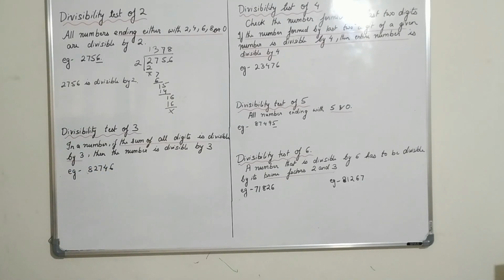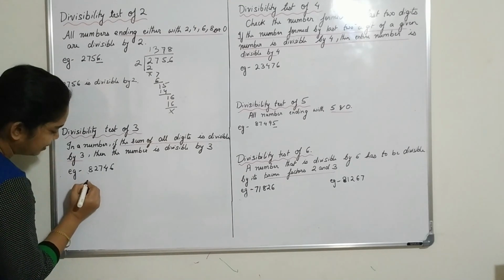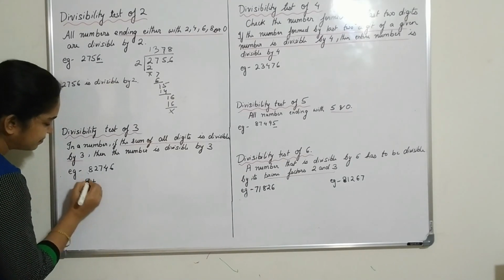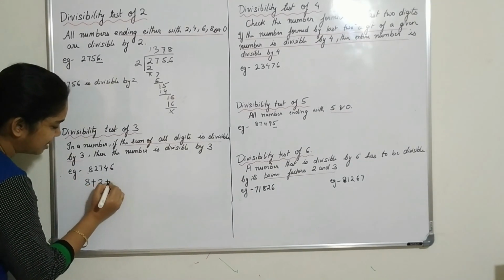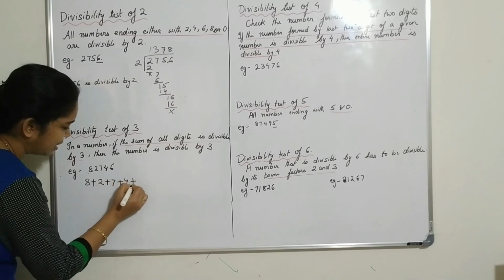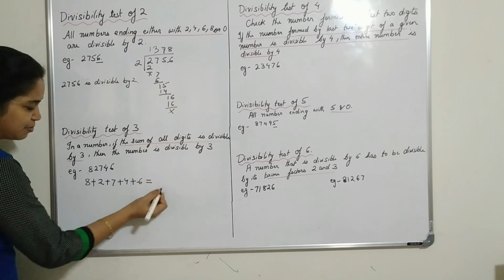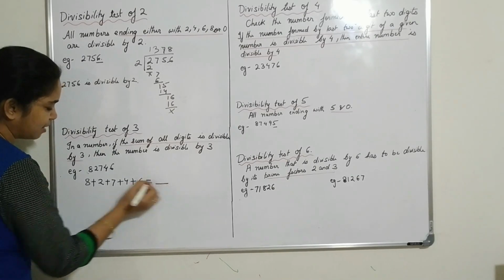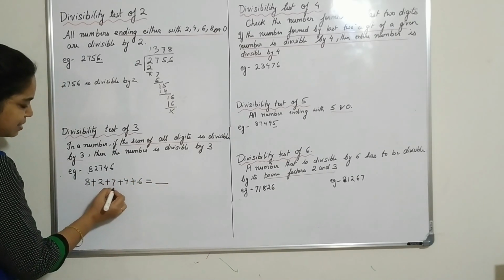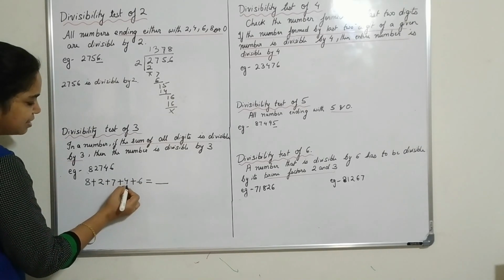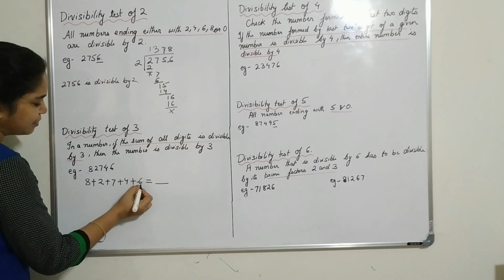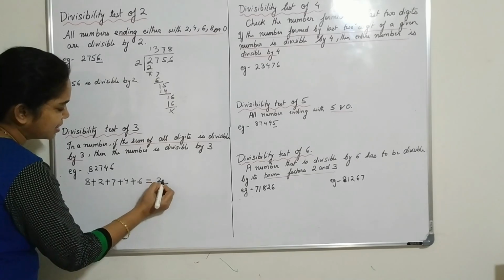It is a large number, so a very easy method is to add all the digits: 8 plus 2 plus 7 plus 4 plus 6. 8 plus 2 is 10, 10 plus 7 is 17, 17 plus 4 is 21, 21 plus 6 is 27.